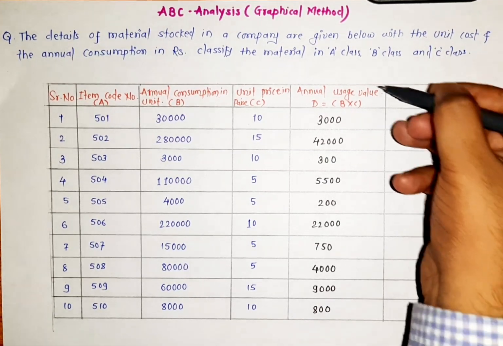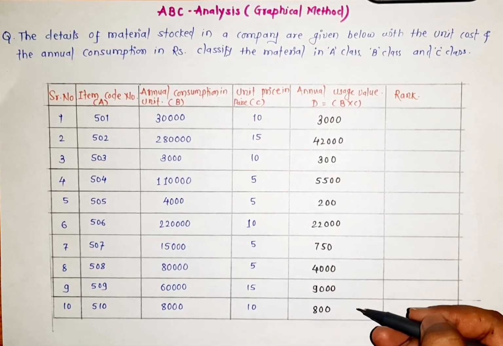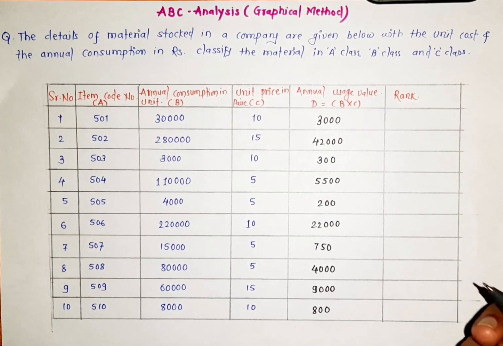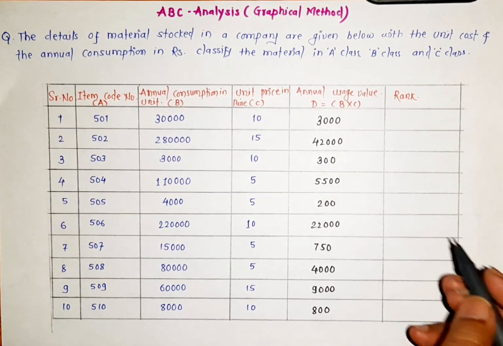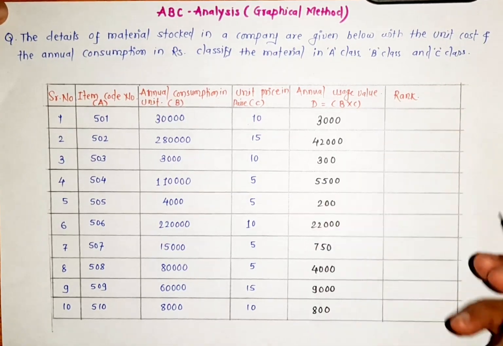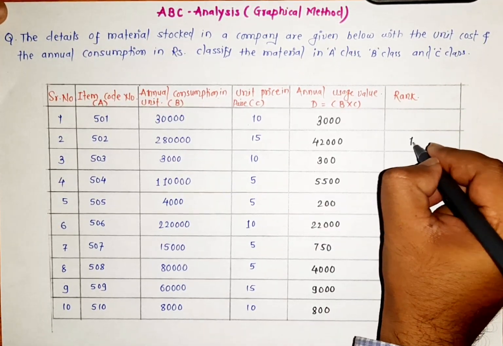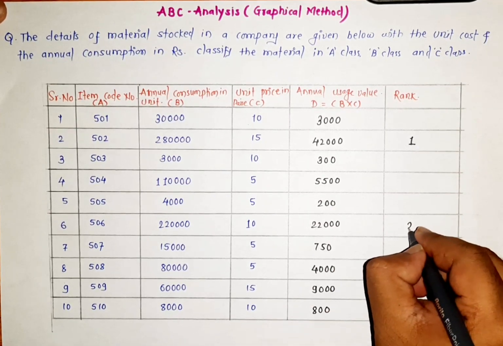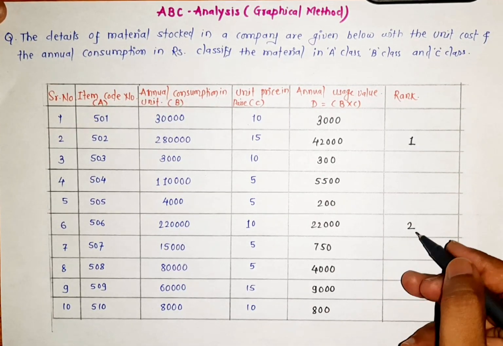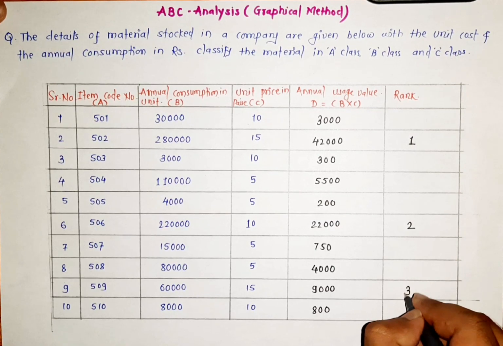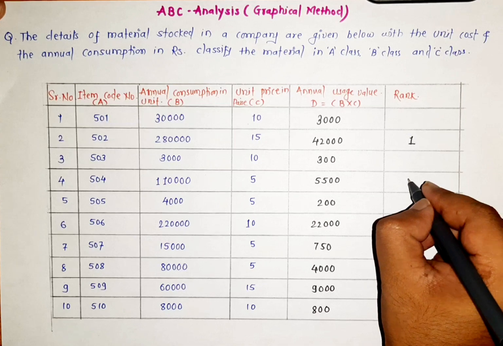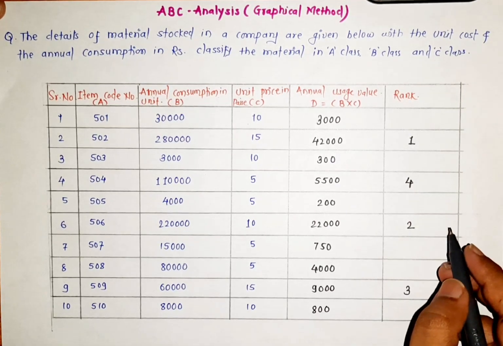Now using these annual usage values, we have to rank them from 1 to 10. The first rank will be the maximum value. This is first rank. Here will be our second rank. Then 9,000 will be third rank. Then 5,500, it will be fourth rank.